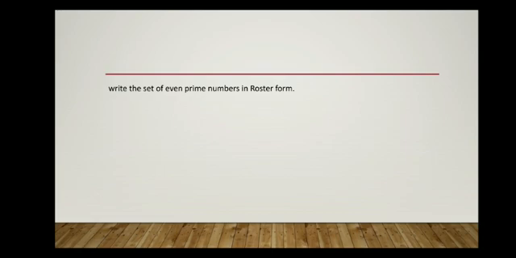Among these prime numbers we have only one even prime number, that is 2. So this is the set of even prime numbers. There is only one element in this set, that is 2. If a set has only one element, then that set is called a singleton set. So the set of even prime numbers is a singleton set.